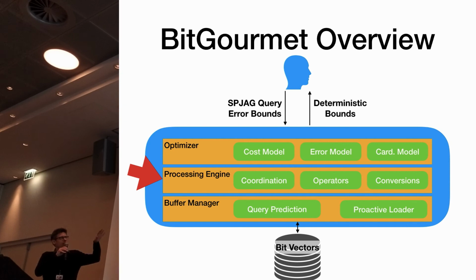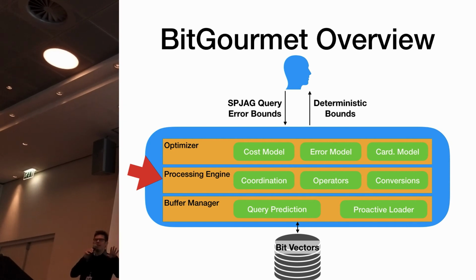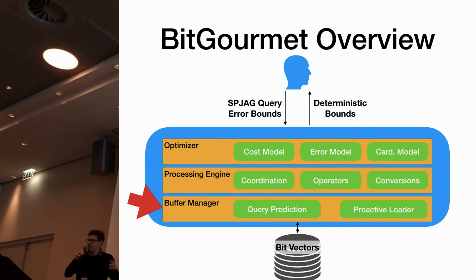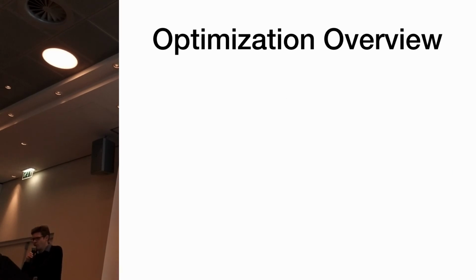And for most operations, we have multiple operator implementations that are tailored to specific data representations. We also have a buffer manager. The buffer pool stores bit vectors, and our buffer manager tries to predict which bits might become relevant for the following queries in an analysis session based on the query history. So that is a high-level overview.